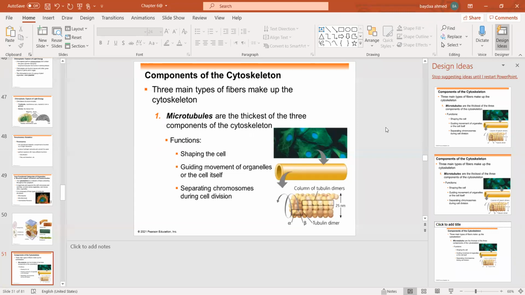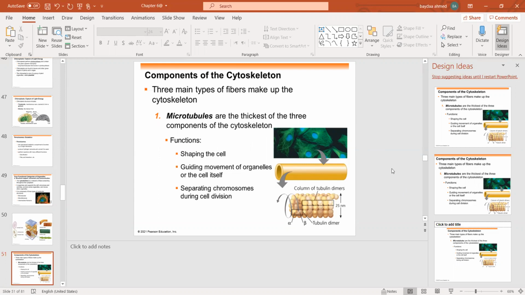The first component of the cytoskeleton we will discuss is the microtubules. This is the thickest of the three, and these are hollow tubes or rods structured from the globular protein called tubulin.